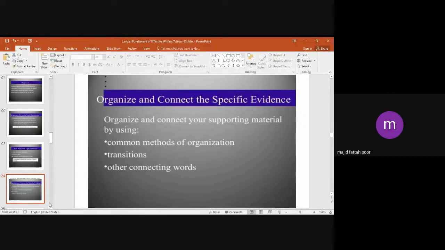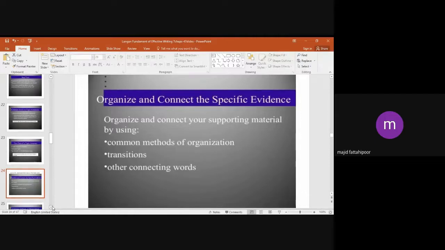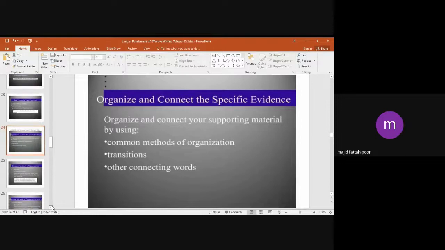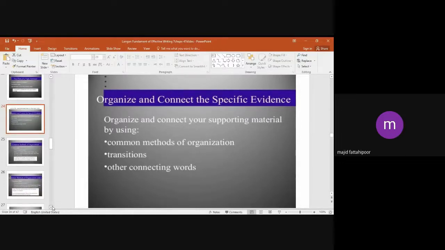So use transitions. Or even if you don't use transitions, you can use other connecting words. Those connecting words serve the writer very well, because they give a change of state. It makes the audience understand that something is changing in the writing, right?